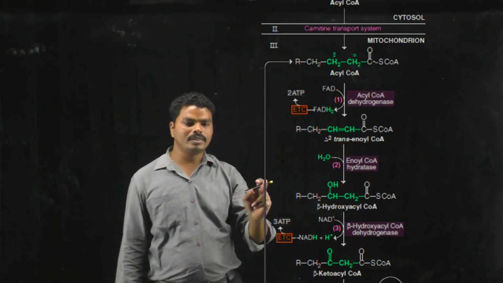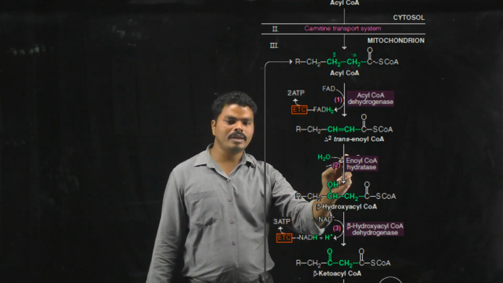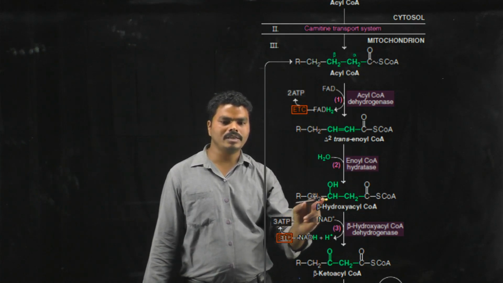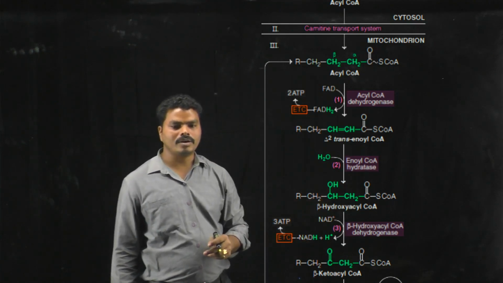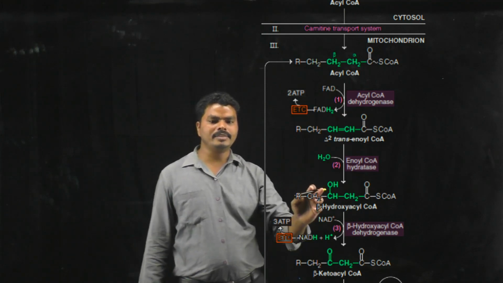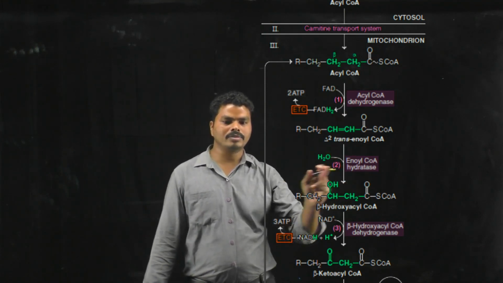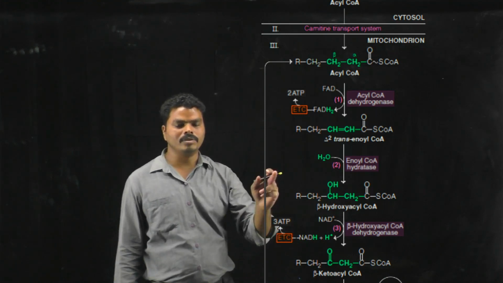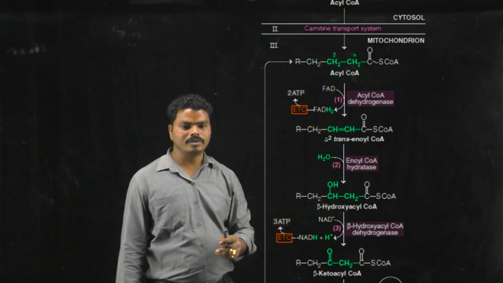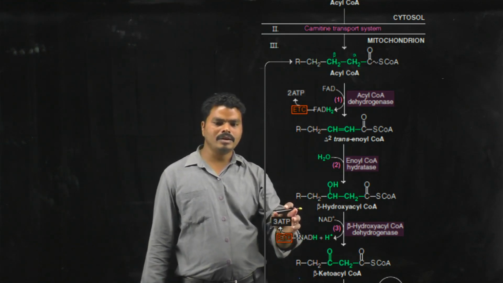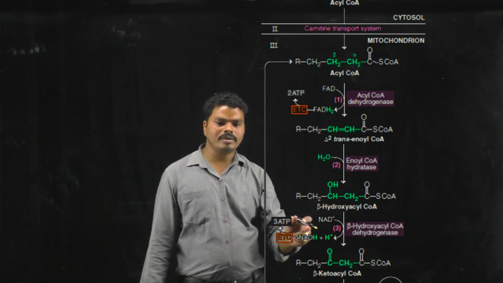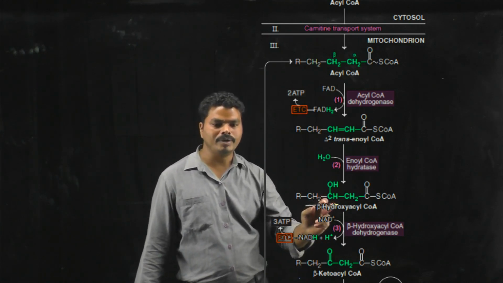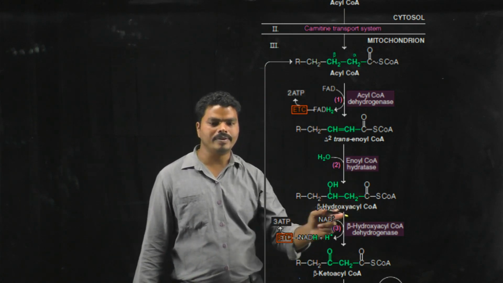Okay. After that, this trans-enoyl-CoA will be converted to hydroxy-acyl-CoA by the enzyme enoyl-CoA hydroxylase. For this, it will require 1 water molecule. Again, the hydroxy-acyl-CoA will be converted to keto-acyl-CoA by the action of beta-hydroxy-acyl-CoA dehydrogenase.